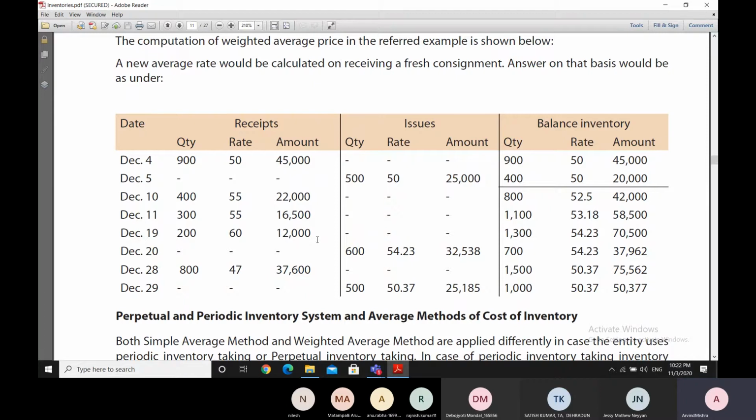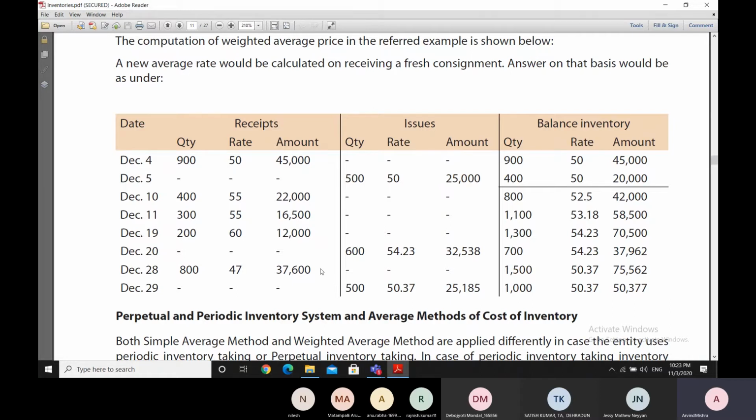We are going on receiving the inventory, then issuing the inventory, and finally let's say that we have issued the inventory here at 600 rupees. So this issue is at this weighted average rate, 54.23, and the remaining rate is 54.23 for 700 out of this 1300, because 600 have been issued.